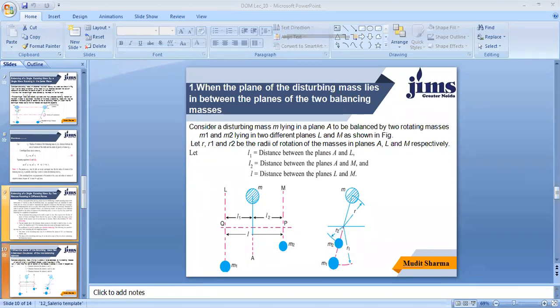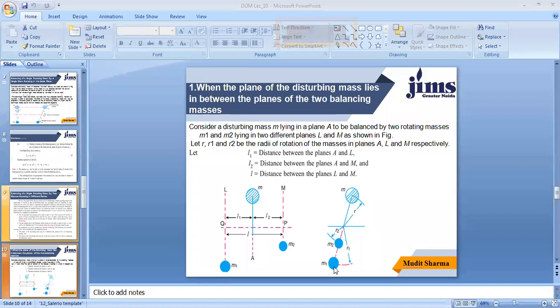In this we discussed two cases. First is static balancing and another is dynamic balancing. So let us find the equilibrium of the forces. The force coming from the disturbing mass is mr omega square, the centrifugal force.